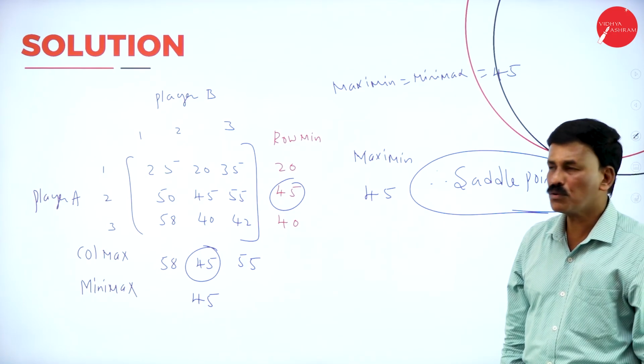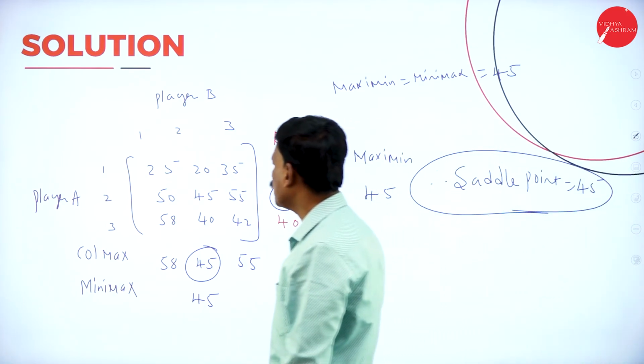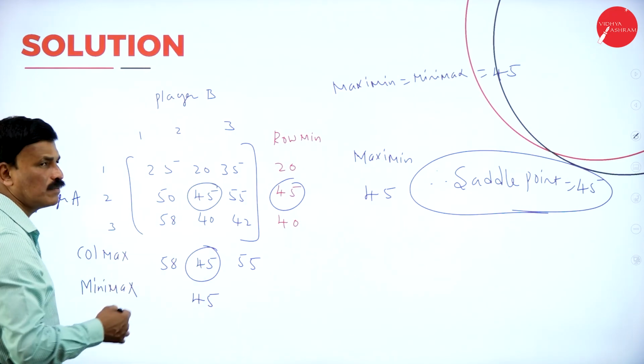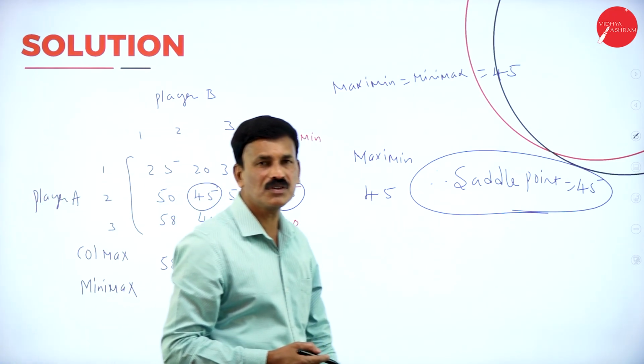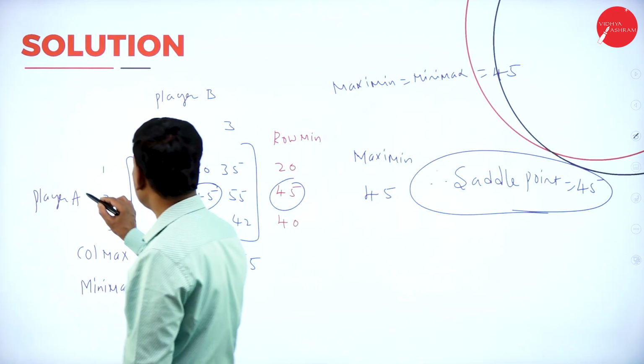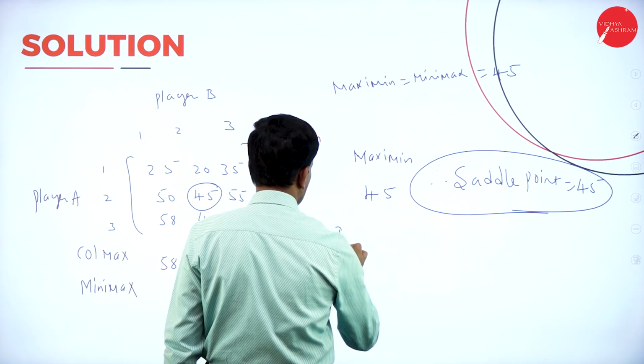Now, find out the optimal strategy for the players, player A and player B. Player A is called the maximin player.